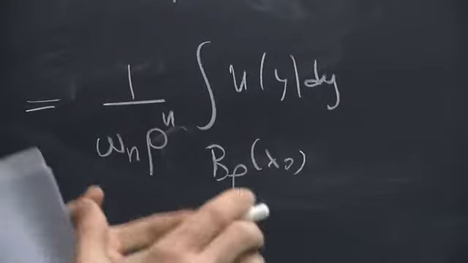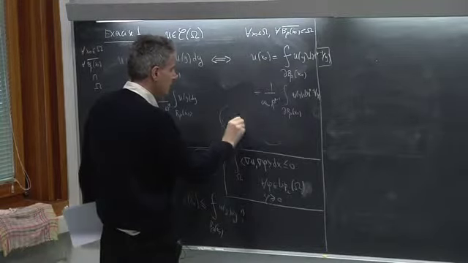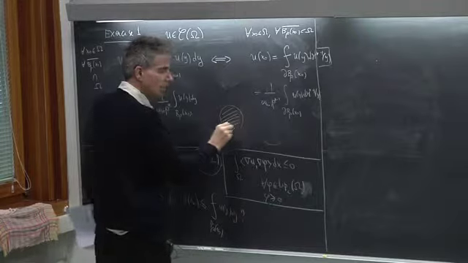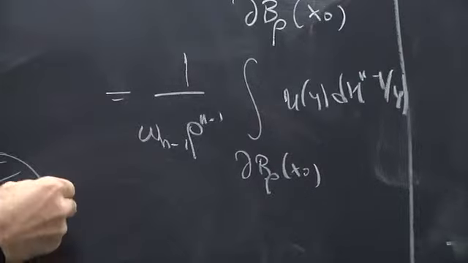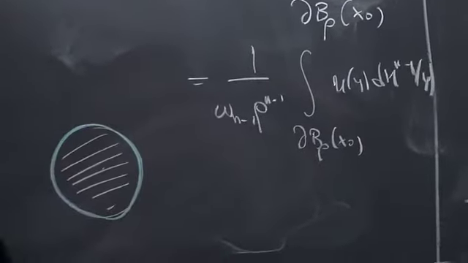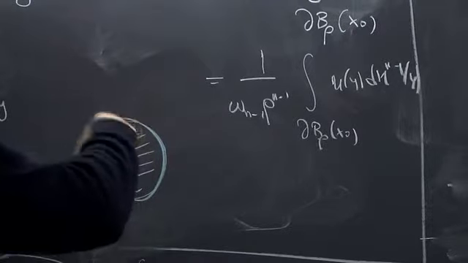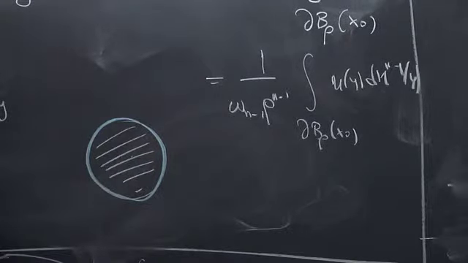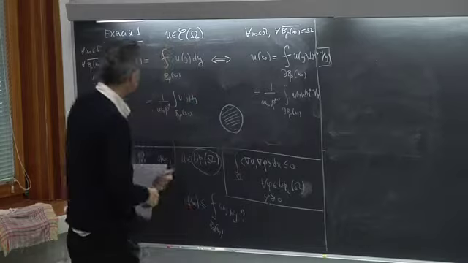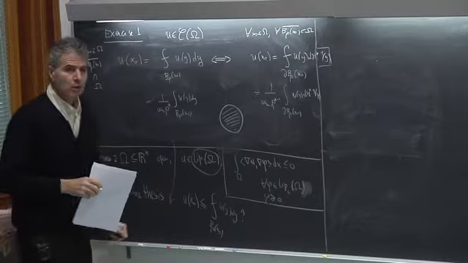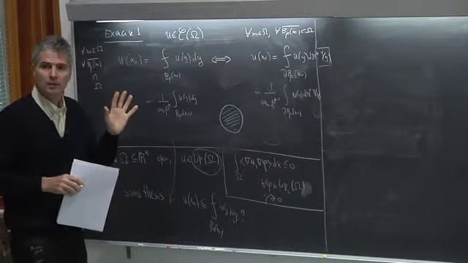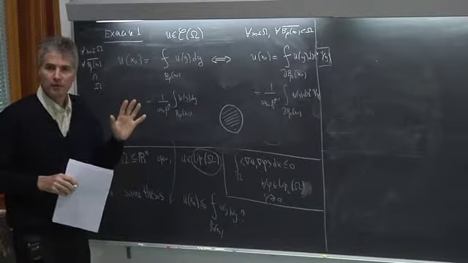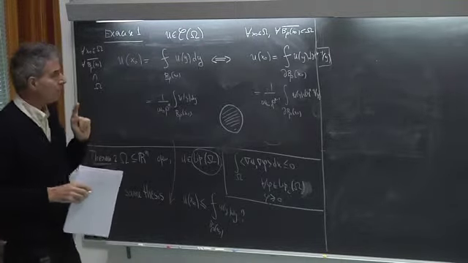So instead of integrating here and dividing by the volume, you integrate just here and divide by the area. Okay? So actually, if this exercise is true, then we have two possible ways of writing the mean value formula, depending on what you prefer. There is just one point here.